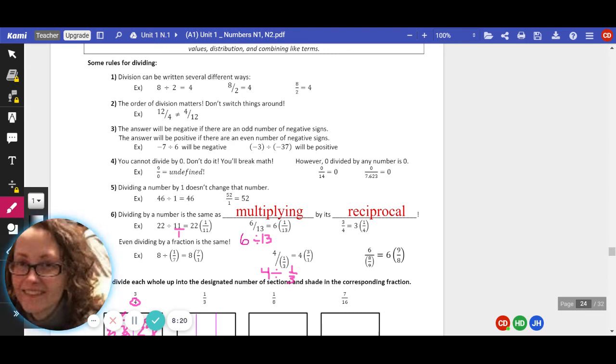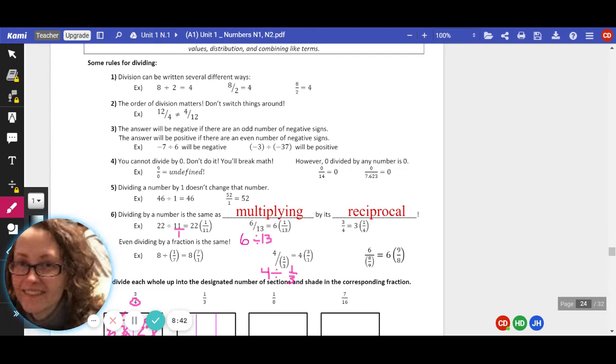Rule 4 says 0 can be in the numerator or on top, but cannot be in the denominator. In other words, you can have 0 divided by a number, but you can't divide anything by 0.